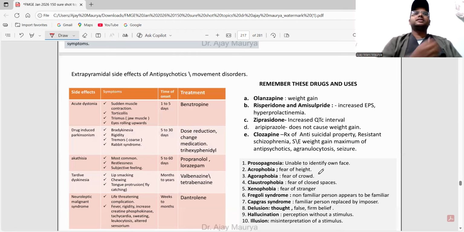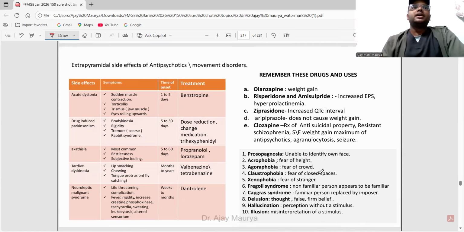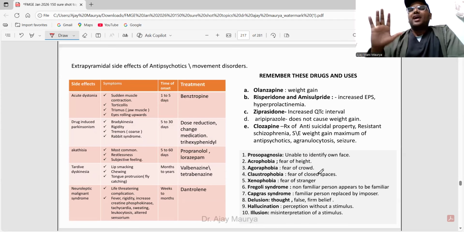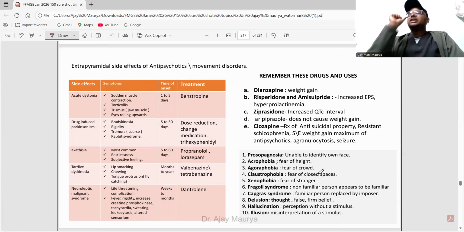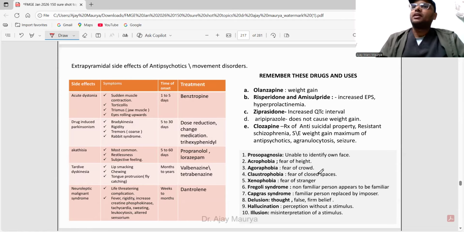Next one, these are the antipsychotic drugs. I told you the side effects are very important here. Almost all the antipsychotics have the side effect of increased weight. But I will tell something here.